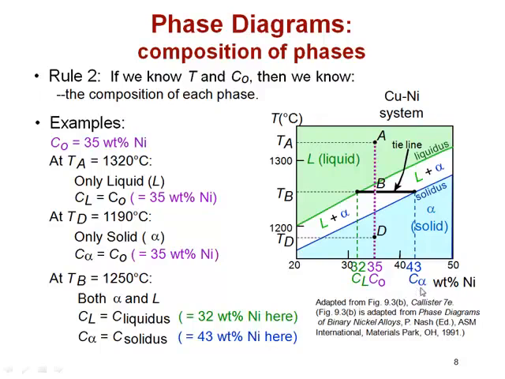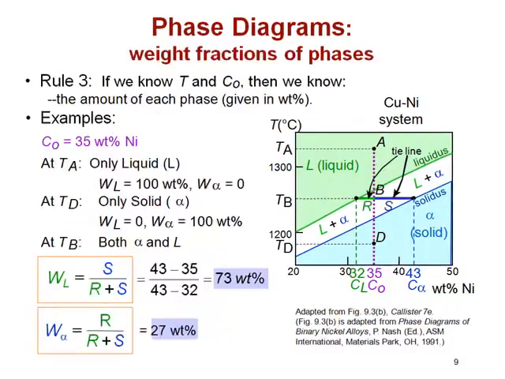C alpha stands for the solid phase, which is 43%. So the composition of the solid phase is 43% nickel, the composition of the liquid phase is 32%, but the overall composition of the whole material is 35%, or the average composition, I would say. Okay? So this is the way that the tie line works.